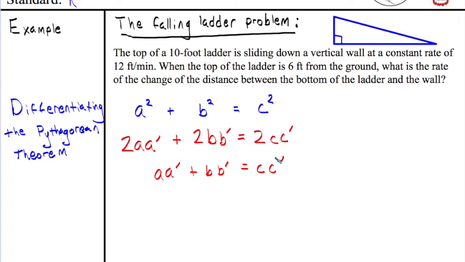Another thing about triangular problems is that a lot of the time they won't give us a derivative with respect to x. In this case specifically, it's asking for a rate, so this is going to be with respect to time. So this a prime is not dA dx.